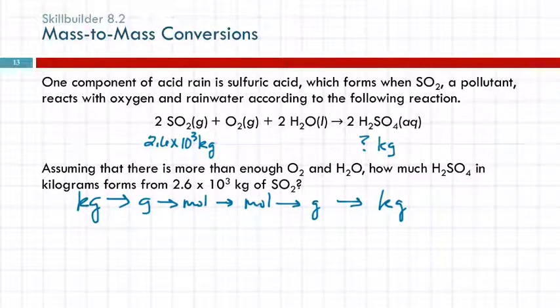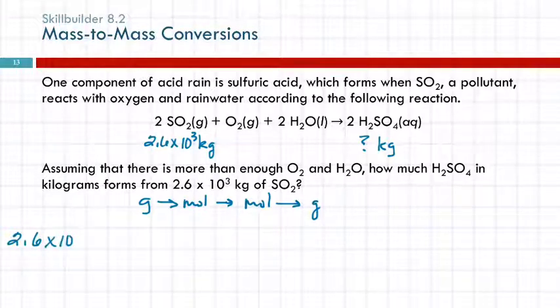So let's do this. We need to be careful, but let's just do the regular thing and see how it works out. Okay? So I'm going to write down at the beginning here, I'll start on the lower line, 2.6 times 10 to the third. Now I'm going to write the kilo in a different color.